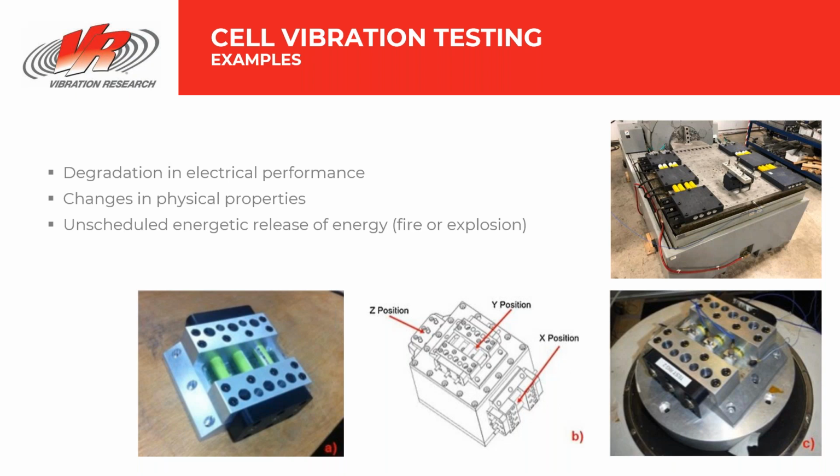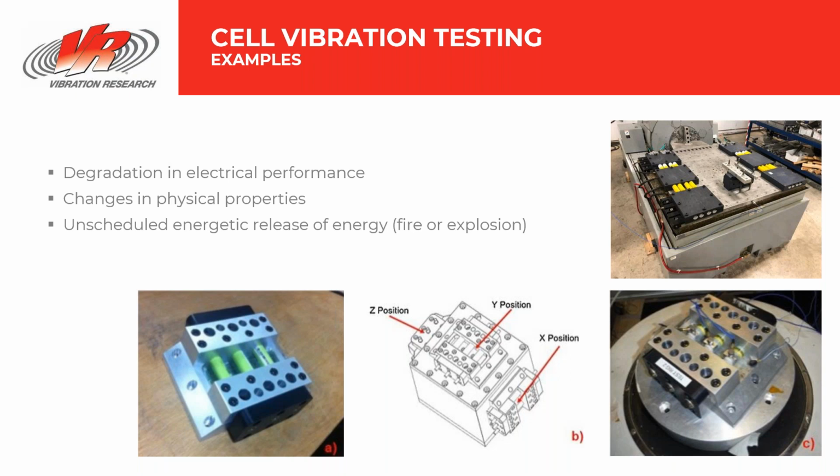I'm not a fan of clamping a cell in these kinds of fixtures, because you may as well encase it in lead and shake it and try to get energy into it. It's not really replicating how the cell is mounted inside a battery pack, unless you're physically encasing it in exactly the same way as it is in a battery pack.